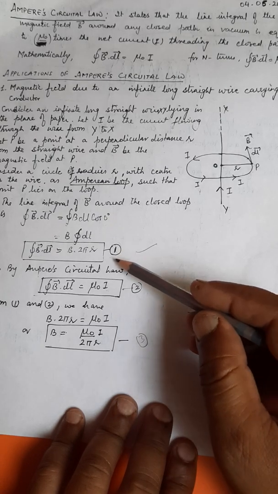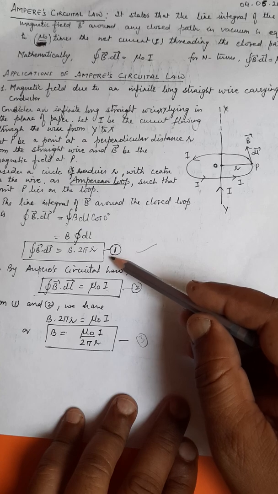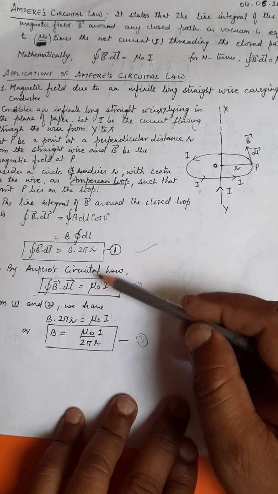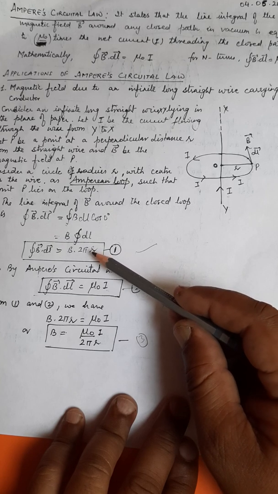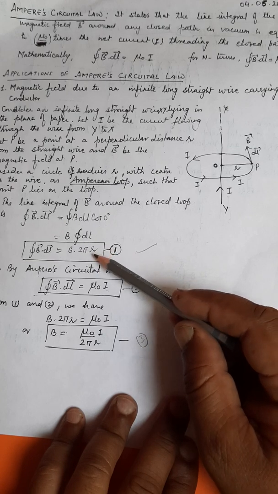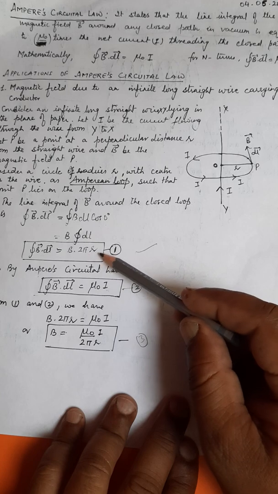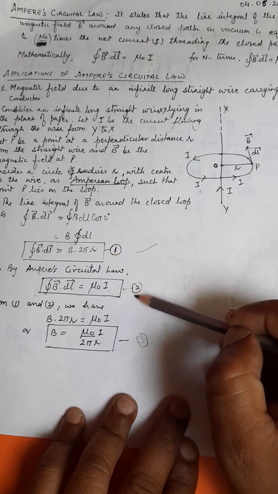So we have seen that as we have applied the Gauss's theorem in electrostatics to find the electric field, similarly we apply the same steps to find the magnetic field using Ampere circuital law. First we have used the integration, second we have used the Ampere circuital law.